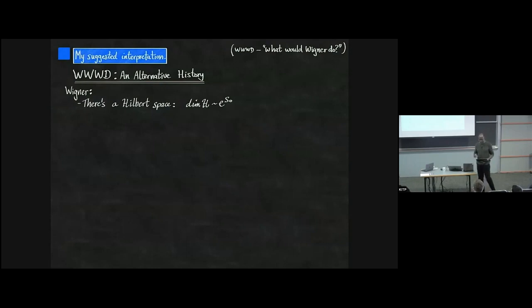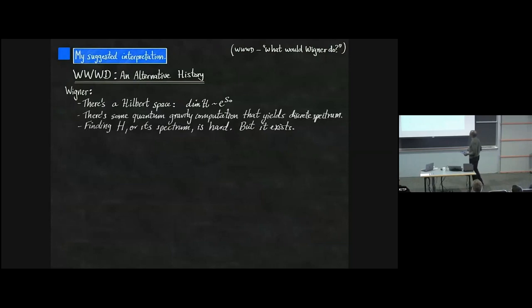We know we should be looking for some sensible discrete spectrum, some finite dimensional Hilbert space. There's some quantum gravity computation for this gravity problem that would yield that spectrum, but it's a hard problem. And this should sound familiar. We're trying to find this large, complicated Hamiltonian and understand its spectrum. We know it exists, but it's hard.